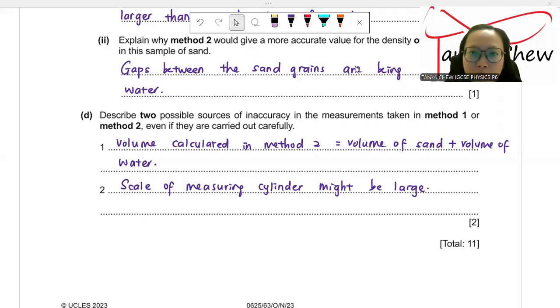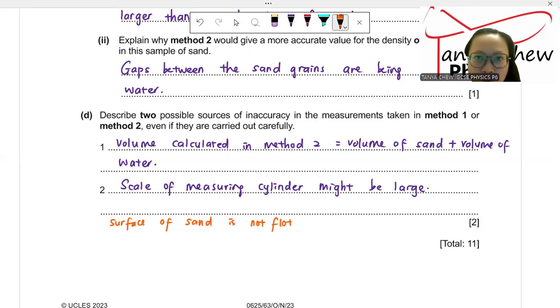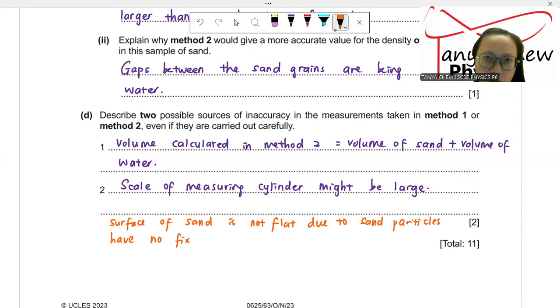So I will say that the surface of sand is not flat or not horizontal, F-L-A-T, due to sand particles having different shapes and sizes.